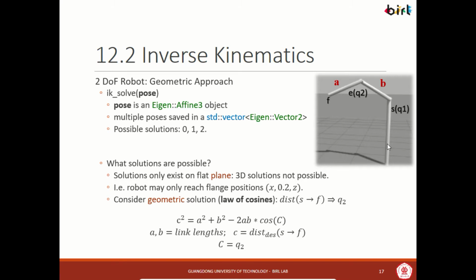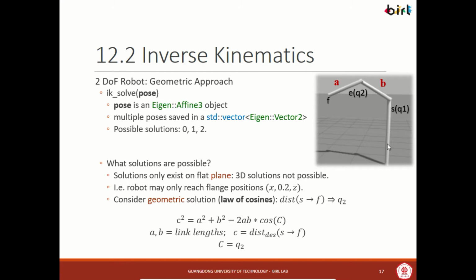Little c is the distance between the flange and the shoulder. And that's the distance that you might care to set. What do you want that distance to be? As well as we would have 3 angles, but the angle that we care most about is Q2, which is the congruent angle with little c, which is big C, right?